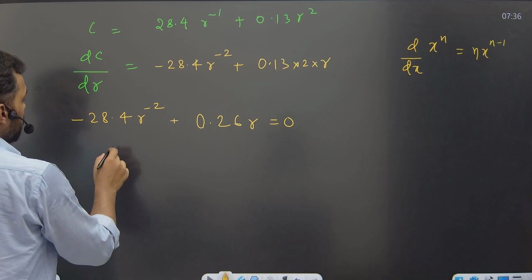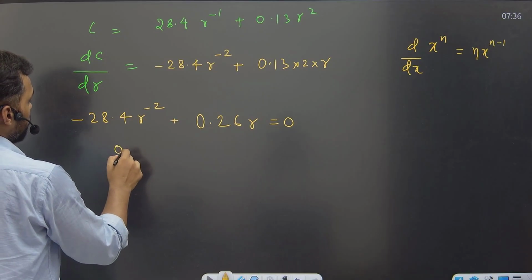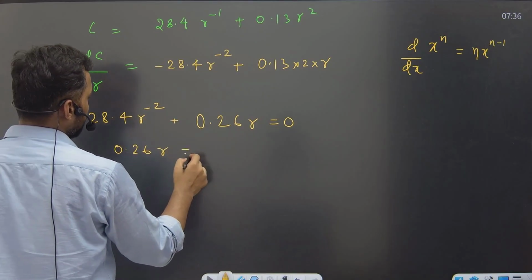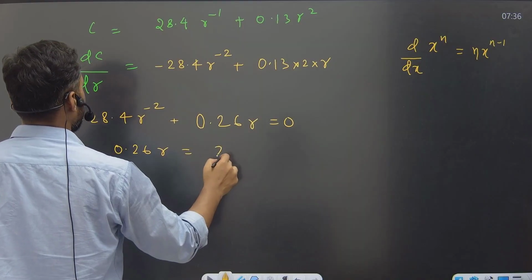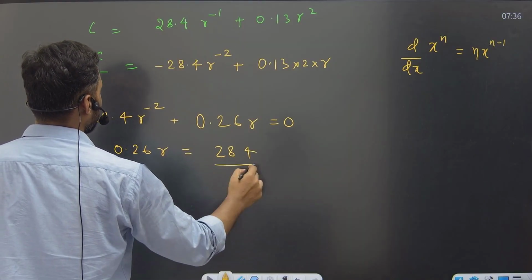If we calculate it further, students, 0.26 r is equal to 28.4 by r squared.